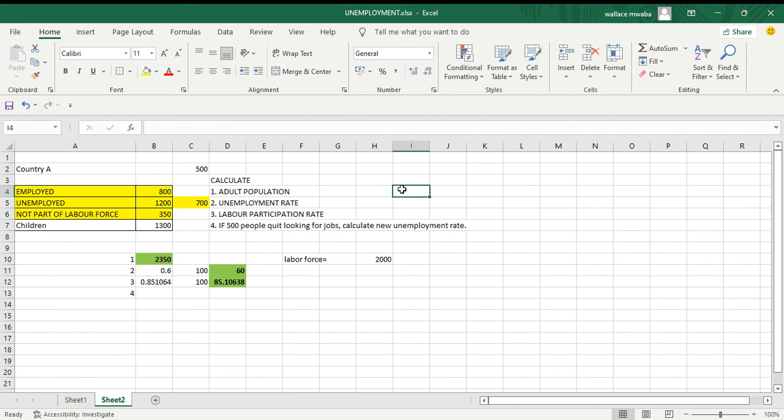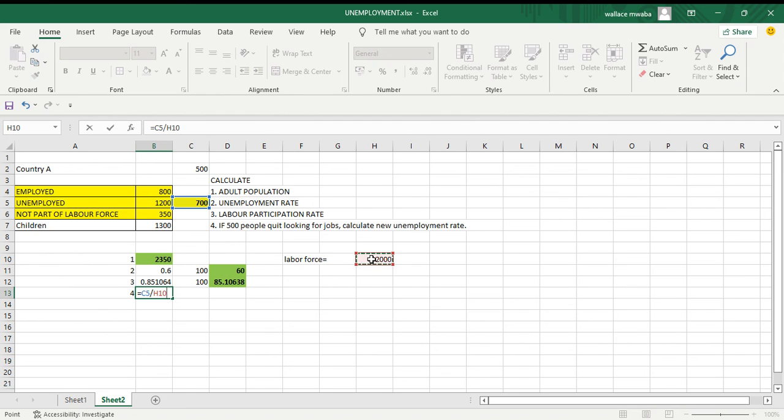So now I have to calculate the unemployment rate. For the unemployment rate, we get our unemployed people divided by the labor force. So the new number of unemployed people since 500 left is 700. Okay, 700 is our new number, divided by our labor force, which is 2000. Oh, no, hold on. Wait a minute.